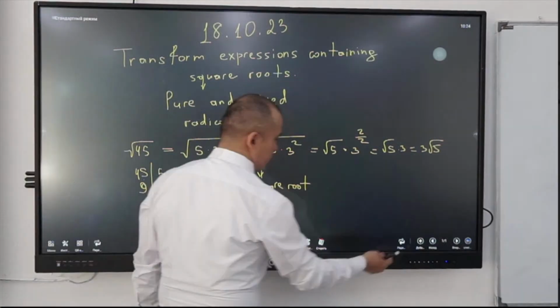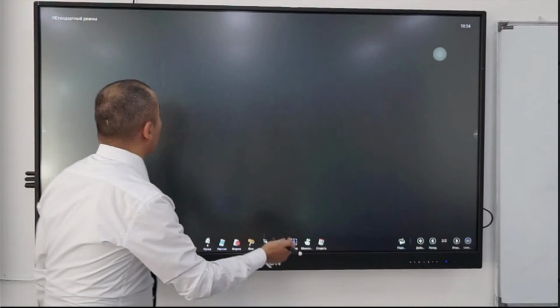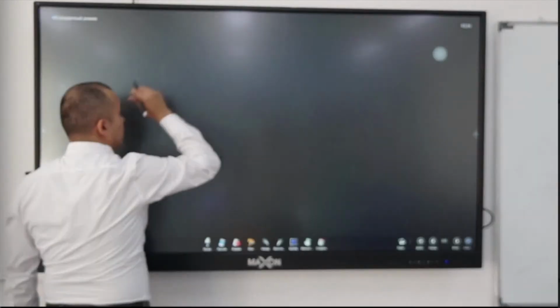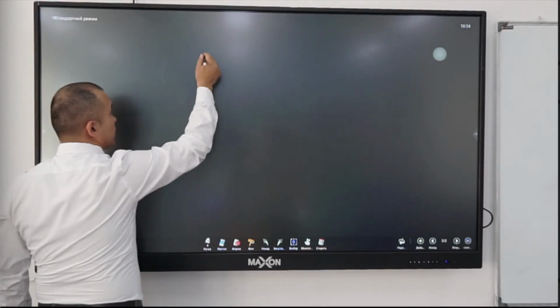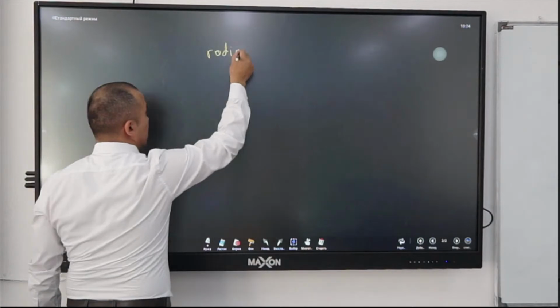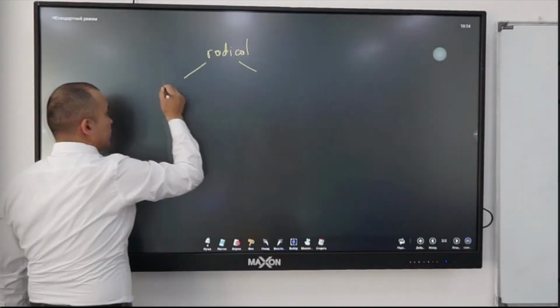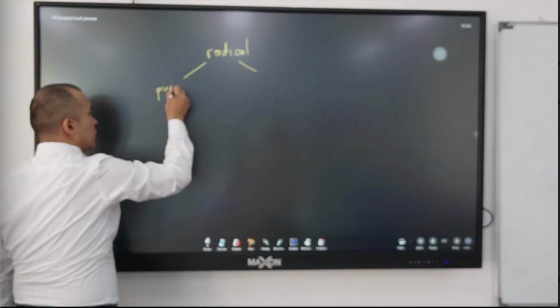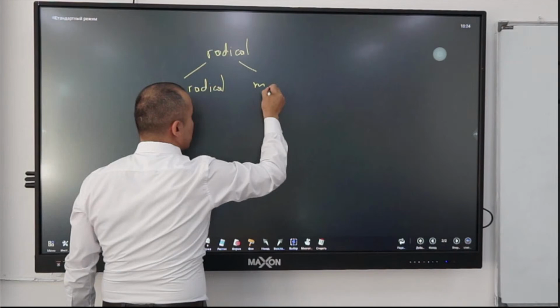Let's open another page. We have got two types of radicals. First is mixed, second is pure radical and mixed radical.